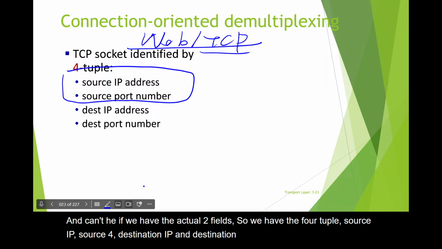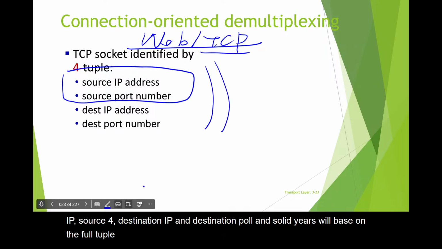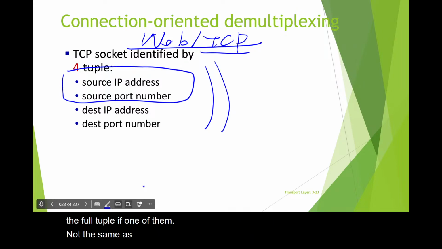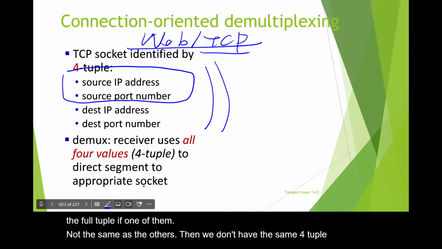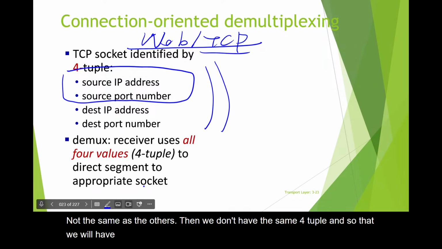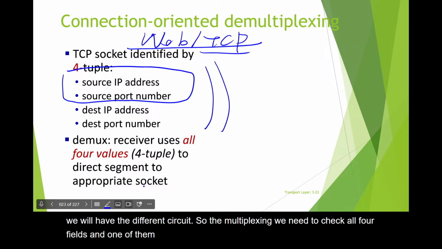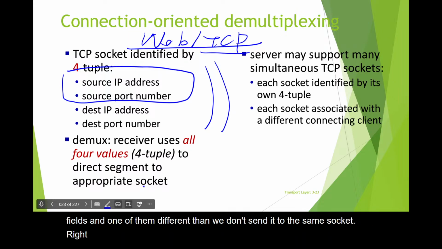And so yes, we base it on the full tuple. If one of them is not the same as the others, then we don't have the same full tuple, and so we will have a different circuit. So for multiplexing, we need to check all four fields. And if one of them is different, then we don't send it to the same circuit, right? So this is TCP.